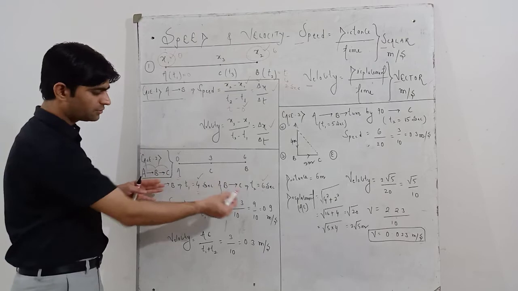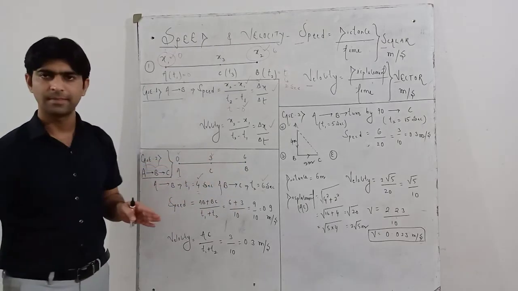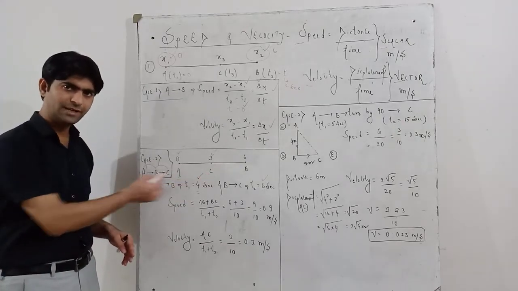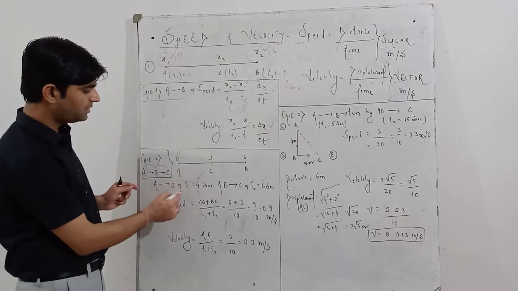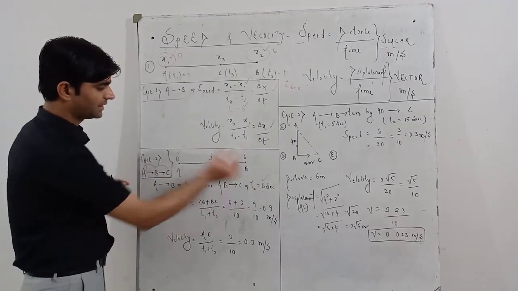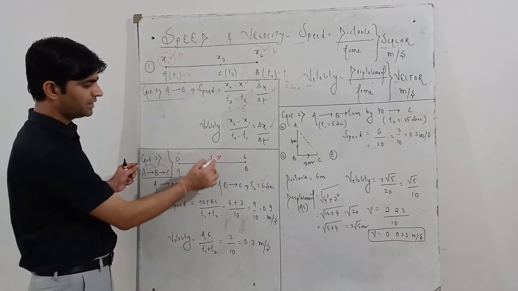So the total time, if you see, from A to B and from B to C, this is the final point. Ultimately, C is the final point as per the given path, A to B and B to C. So A to B we have taken 4 seconds, and B to C it is 6 seconds. Here I have marked 0, 3 and 6.